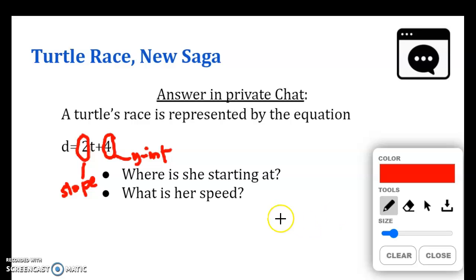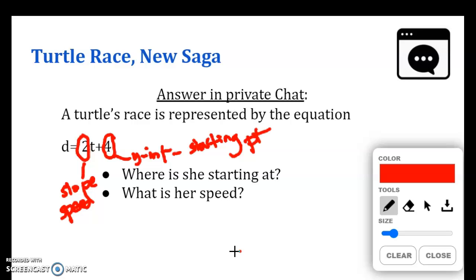Okay, all right, so hopefully you had a chance. The speed is always going to be the slope, and the y-intercept is going to be the starting point.